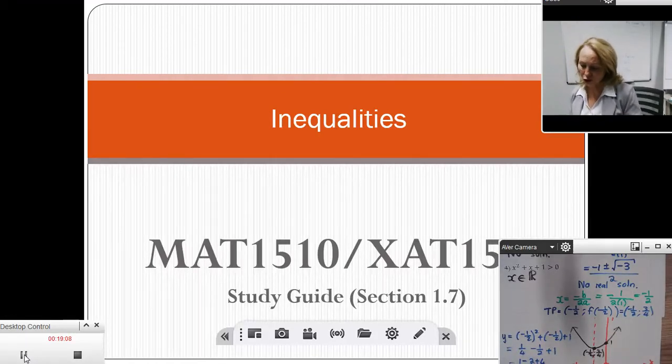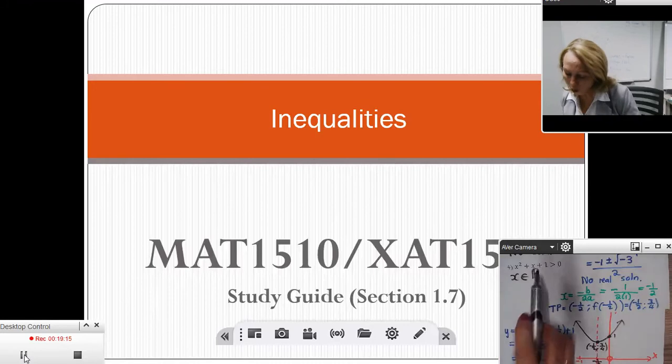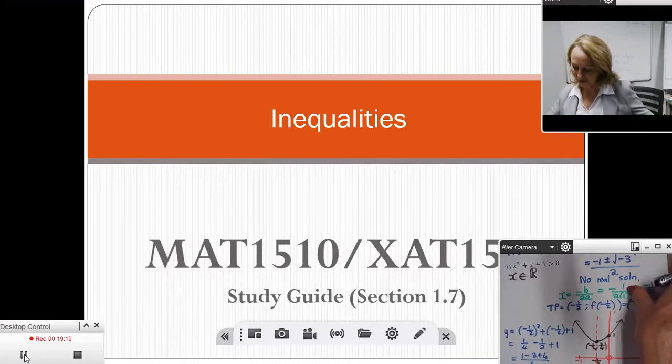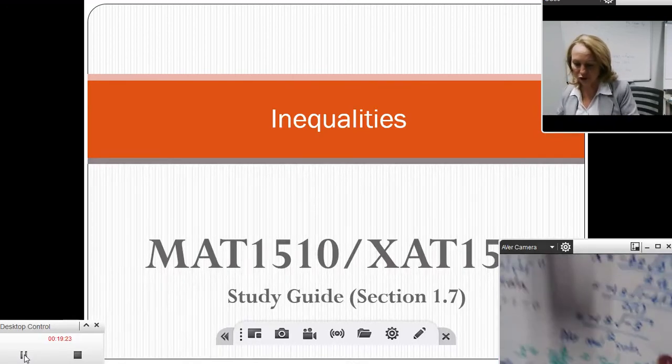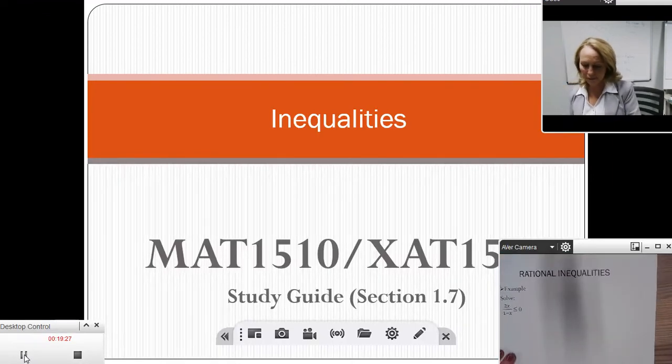So there's your two opposites. One is no solution because it never lies below the x-axis, and the other one is for all real values, it always lies above the x-axis. And again, a graphical solution there showed the solutions very nicely.